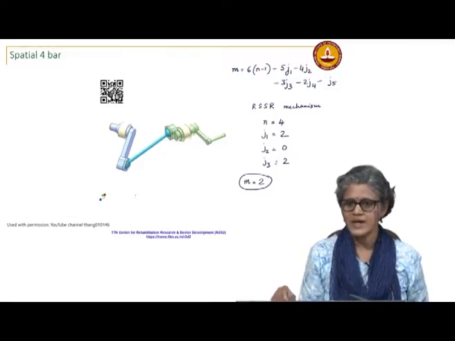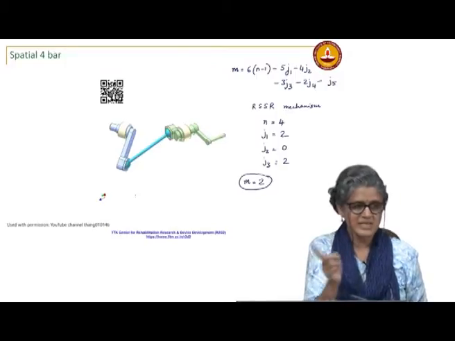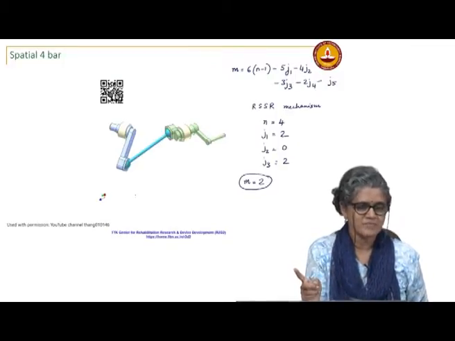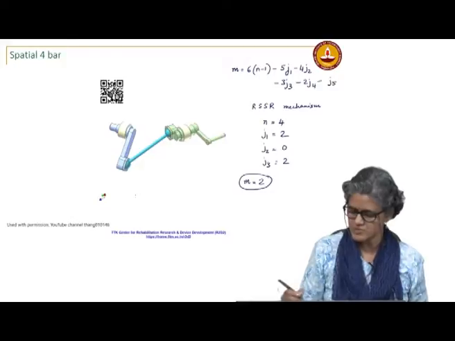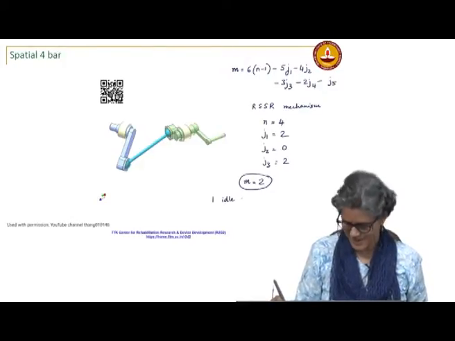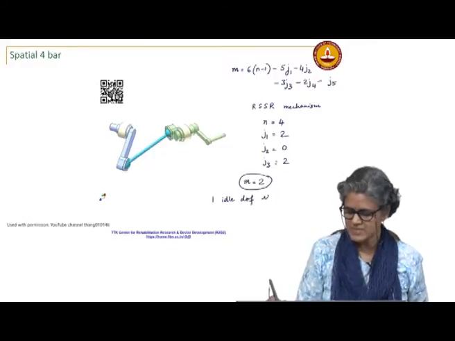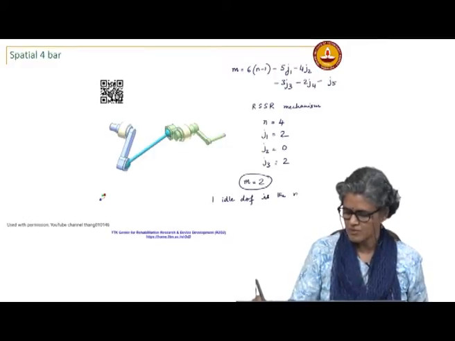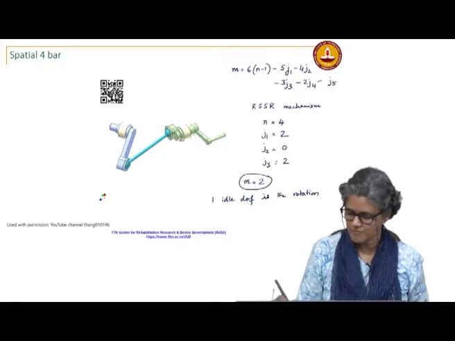What do we call that which is not affecting the input output relationship? We call it an idle degree of freedom. So, what is this idle degree of freedom here? Rotation of the coupler. The idle degree of freedom is the rotation of coupler about its own axis.